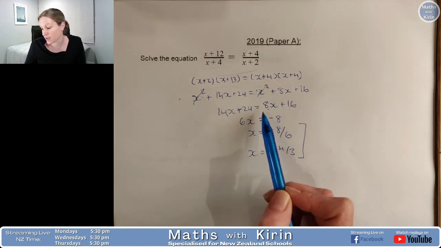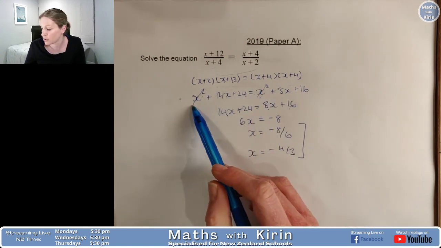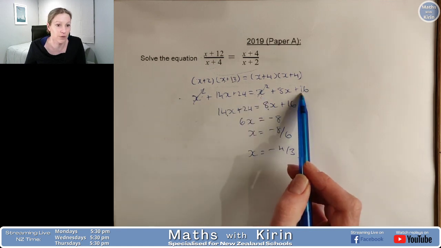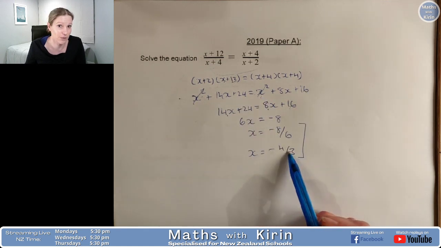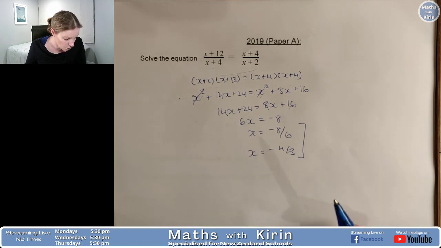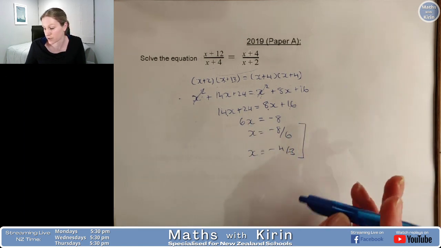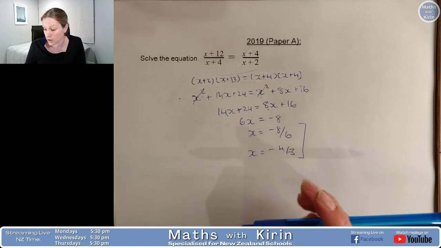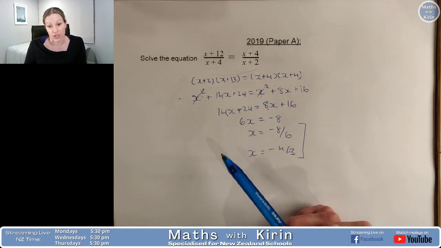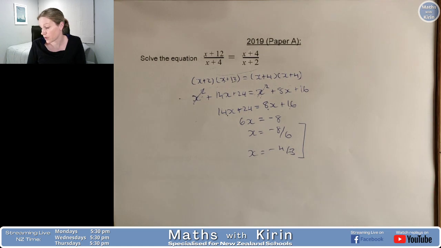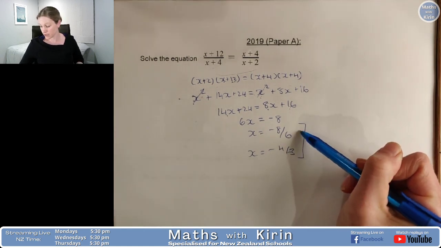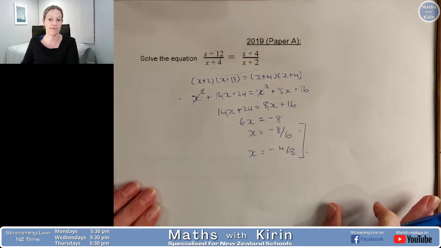Or you have a consistent solution, so maybe you do something incorrect when you do your expanding, but you can consistently solve that. Then you can get achieved. Or you consistently simplify your expression. Okay, so those are the ways that you can get achieved. If you get all the way through to either x equals negative 8 over 6 or x equals negative 4 over 3, then that's merit.